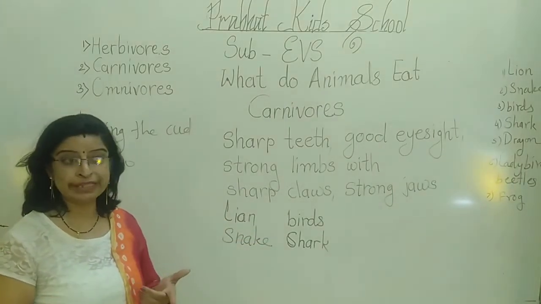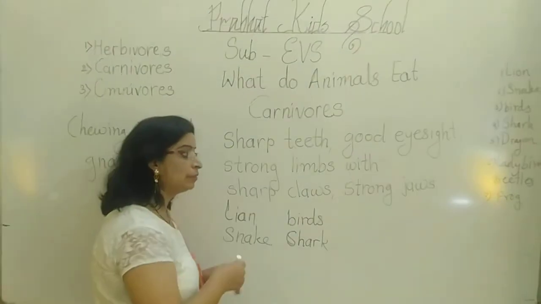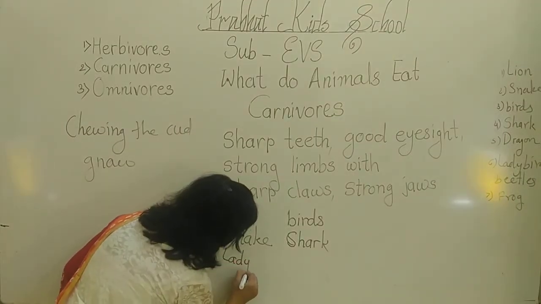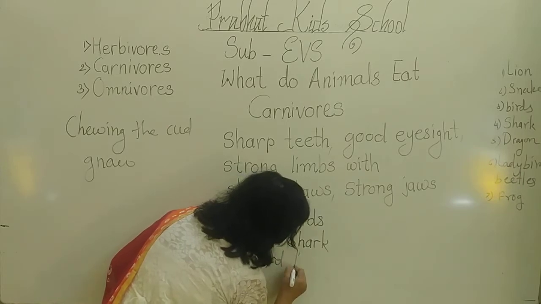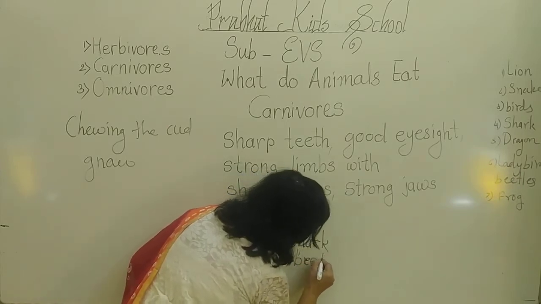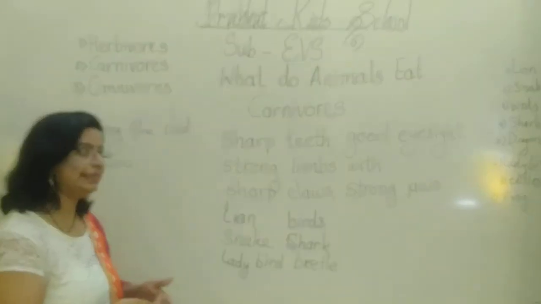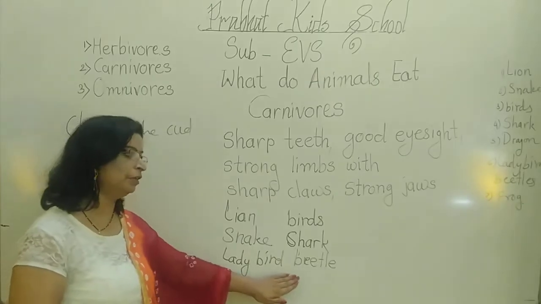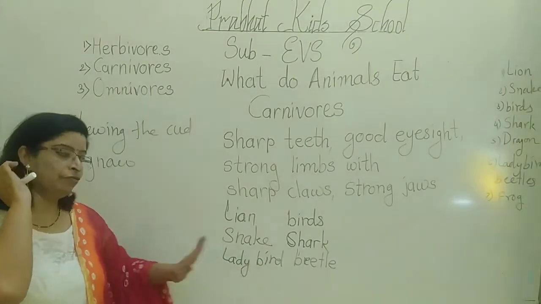Might be you know that the earthworm is the friend of the farmer. Yes, like this the ladybird beetle is also the friend of the farmer. Why? Because it eats the insects which damage the crops. That's why the ladybird beetle is known as the friend of the farmer.